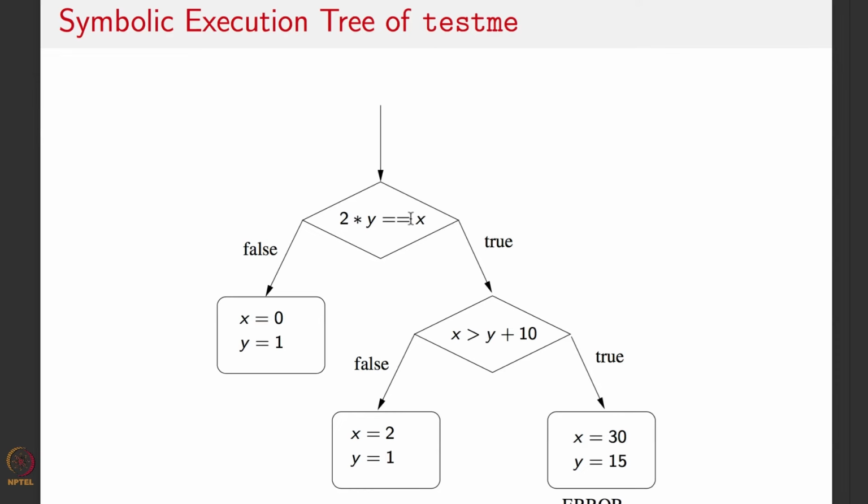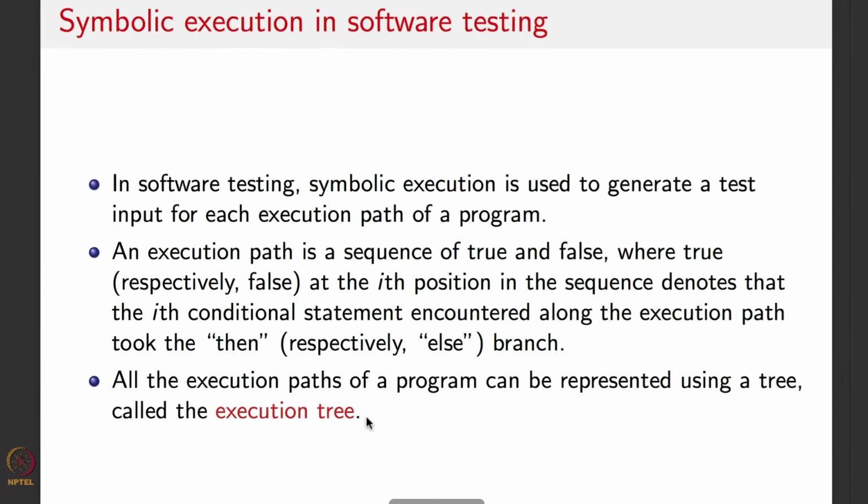True and not of z is equal to x will make this statement take the false branch. And when I come here, I already had z is equal to x. If I AND it with x greater than y plus 10, then I get this. If I AND it with not of x greater than y plus 10, then I get this. So that's what it said here.